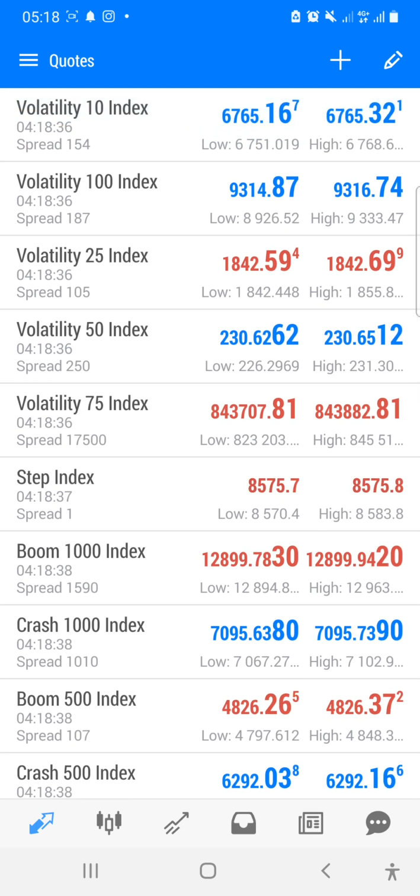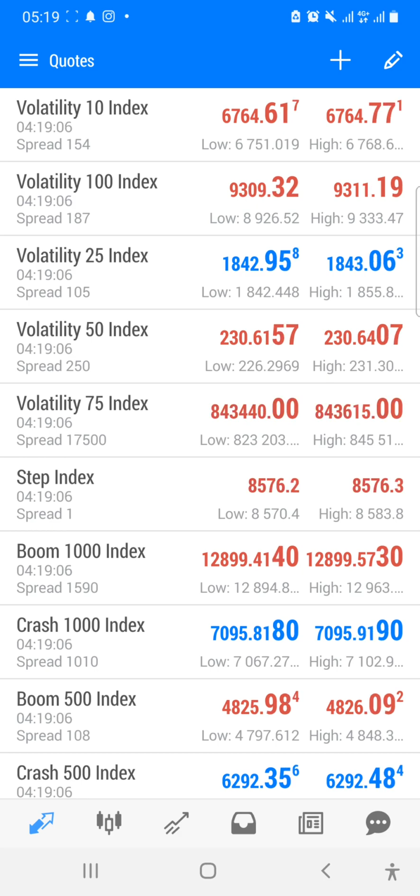I already made mention of the fact that in every index, the price is calculated by points. So this volatility now, at 6,765.70, is actually 6,765 points.